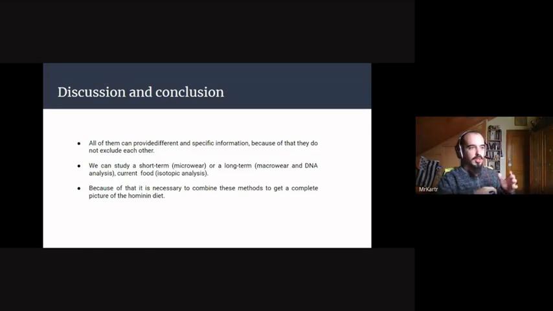We can study the short term with macrowear studies, or the long term with macrowear or DNA analysis, the current food with the isotope analysis, and so on. So it's necessary to combine all these methods to get a complete picture of the hominid diet and to be able to verify the obtained information with all of them.